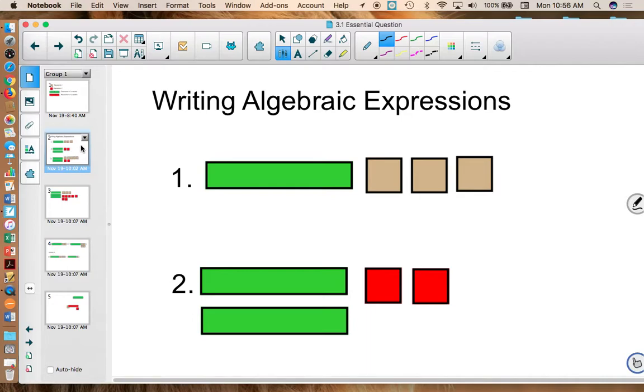It's a positive what, Savannah? Okay, it's a positive variable. So I have x. What else do I have there on that first one? X plus what, Michaela? 3. X plus 3. It's that simple. There's my algebraic expression.